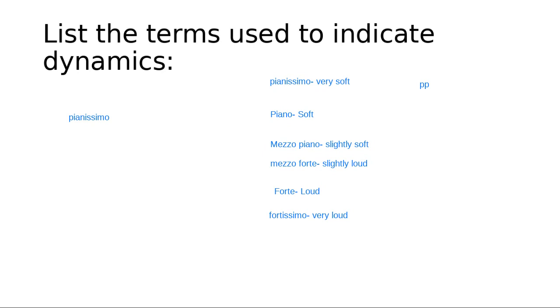Piano is symbolized as a P, and that means soft. So piano is Italian for soft. Forte is Italian for loud, and we use an F. Fortissimo, we use two Fs. And then for mezzo, we add an M in front of it. So MP or MF.